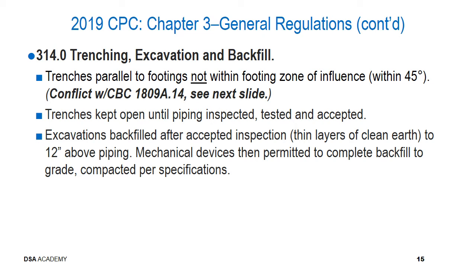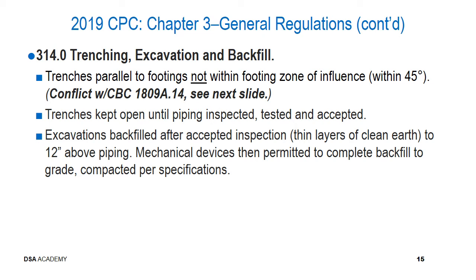So it's important that you remember that even though CPC has requirements for trenching and they've identified a zone of influence, it conflicts with the CBC, and the CBC is more stringent, as you'll see, which means it overrides the CPC. It's important to remember that trenches have to be kept open until the piping is inspected, tested, and accepted.